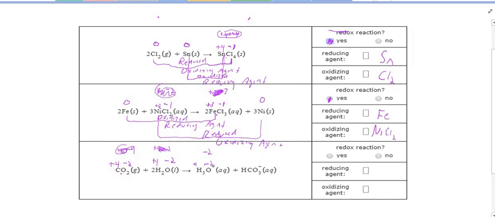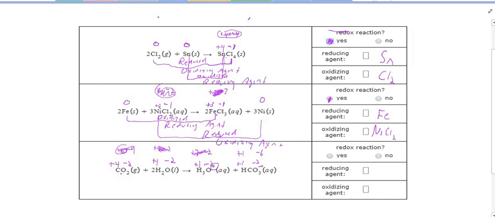Each of the hydrogens is a plus 1, so 1 times plus 1 is a plus 1.